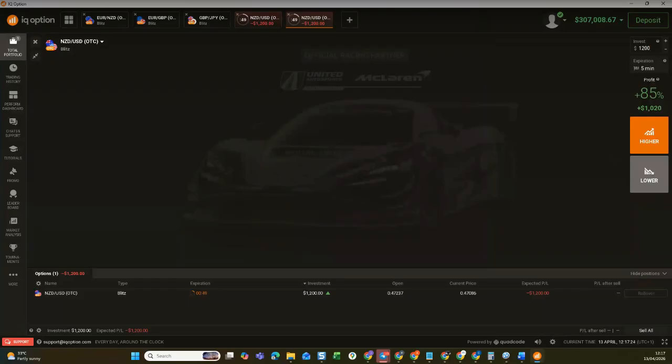We have another martingale level to use, and we have 36 seconds to go. Even though we can't see clearly, we just have to use it in 20 seconds.